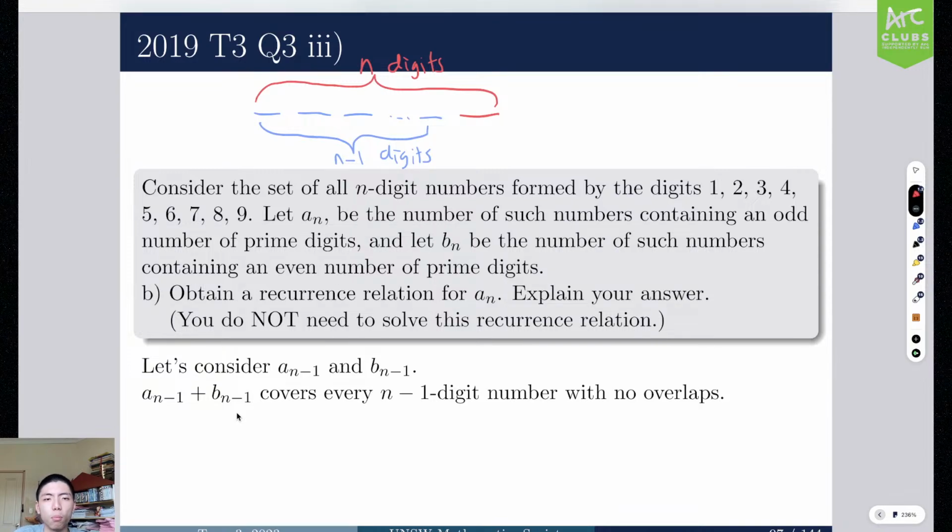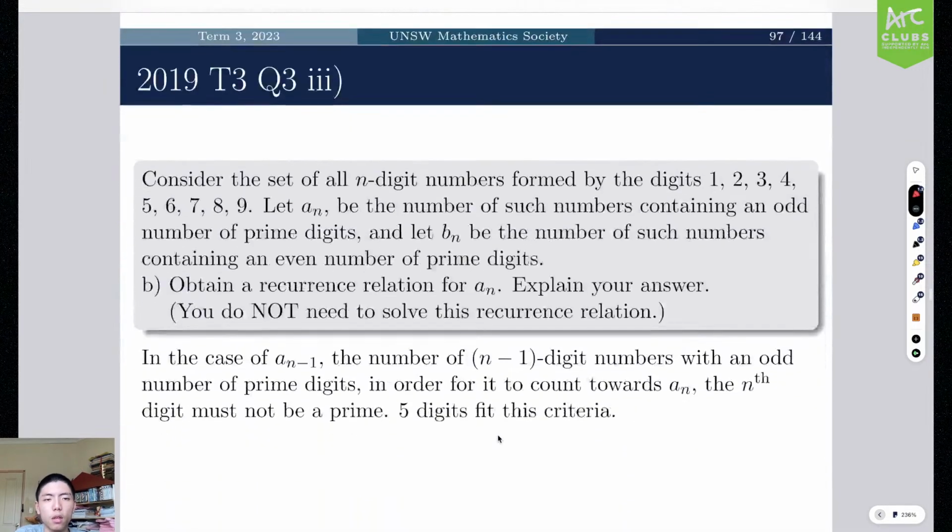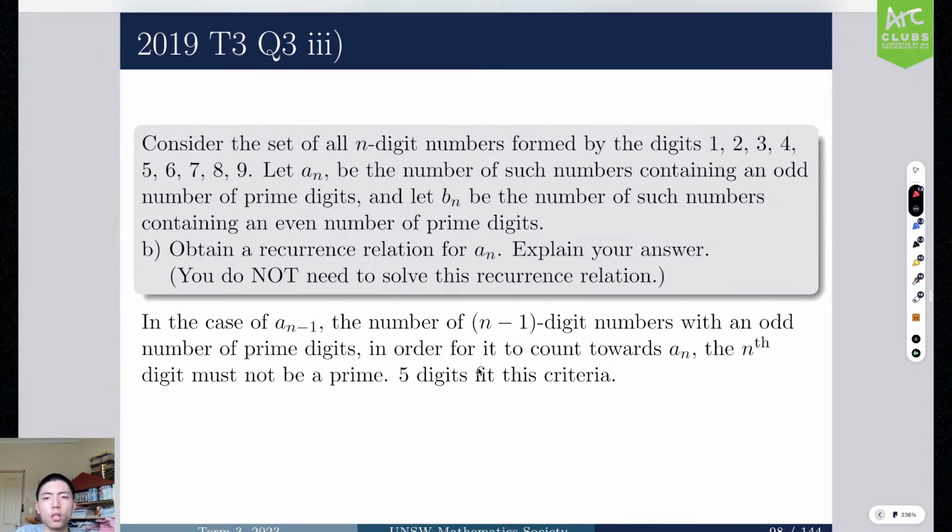So it's either A or B. Okay, so how many ways can we have the next digit being a prime? Well, there are 1, 2, 3, 4, 5 that are prime, and 1, 2, 3, 4 that are not prime.